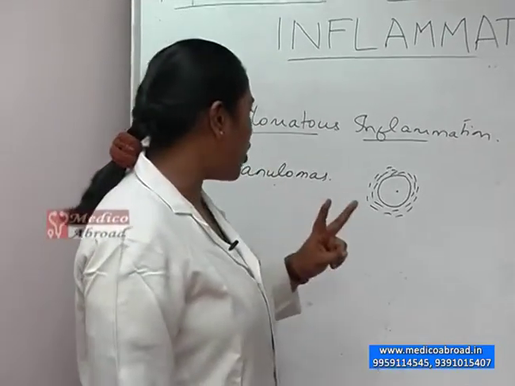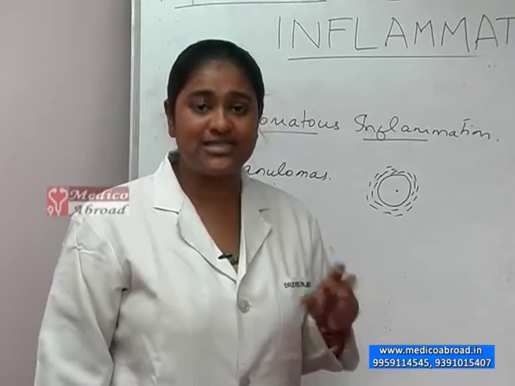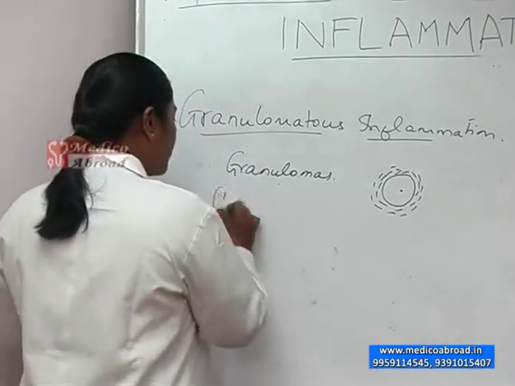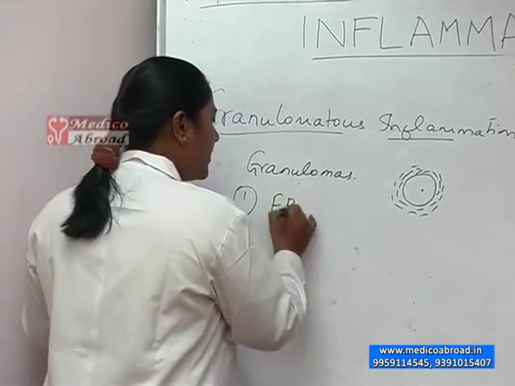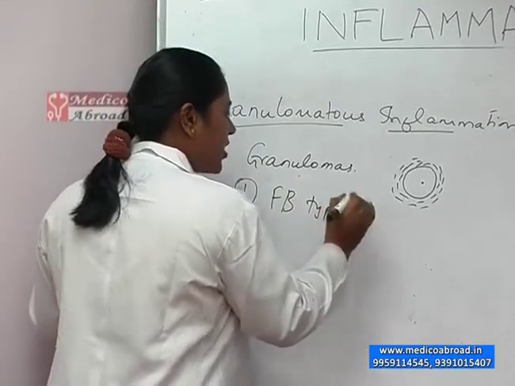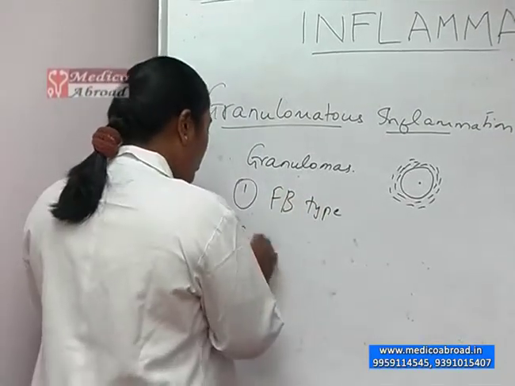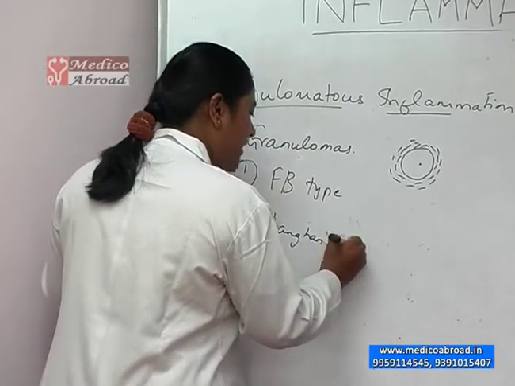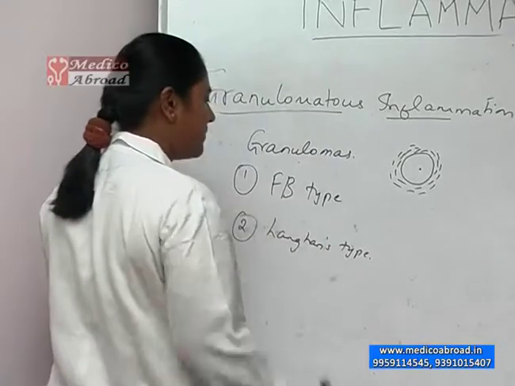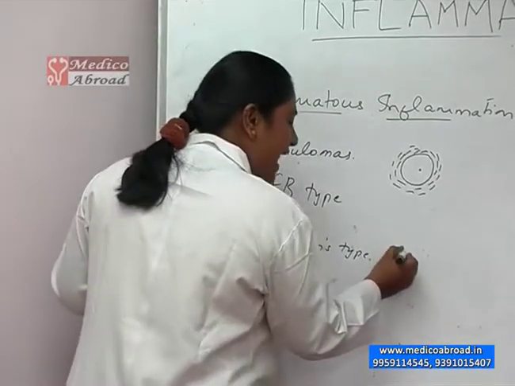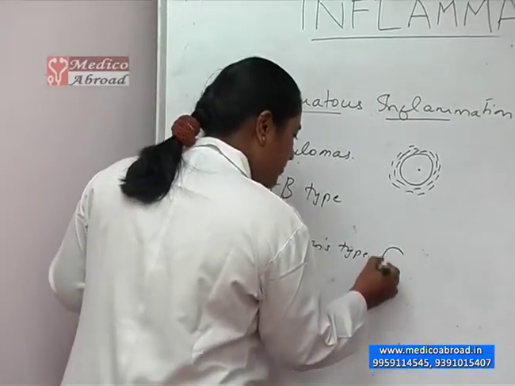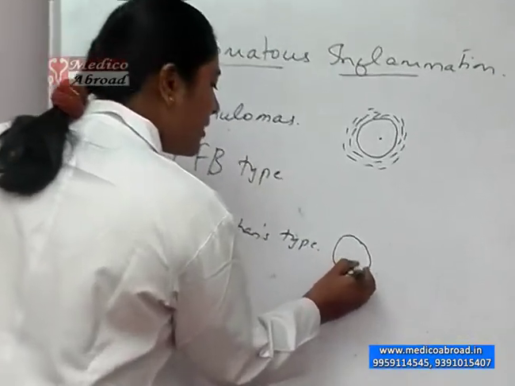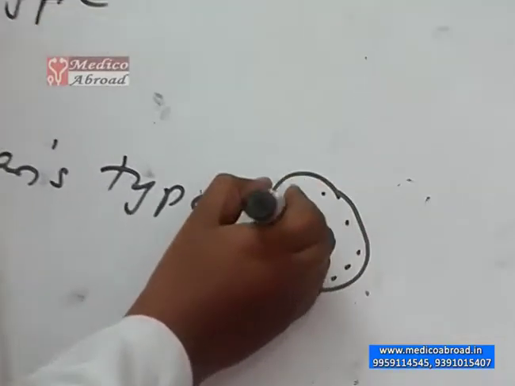There are two types of giant cells that you may see in granulomas. One is a foreign body type giant cell. Two, Langhans type giant cell. Here, these epithelioid looking cells form one large cell with multiple peripherally arranged nuclei.